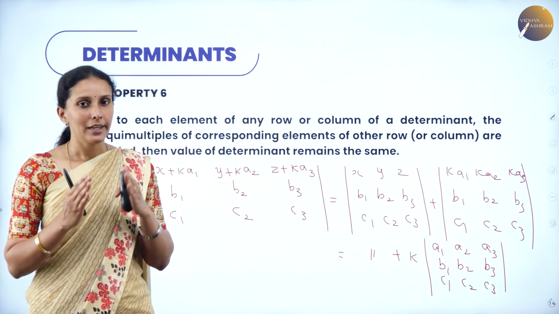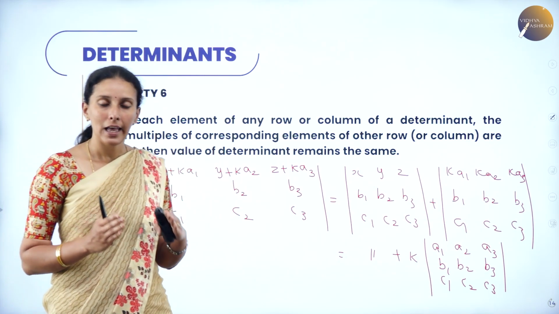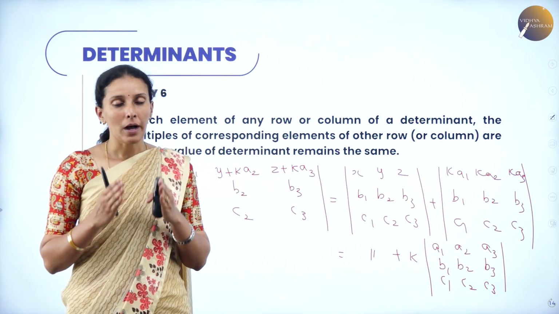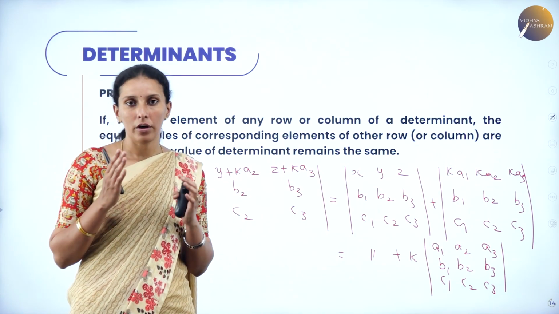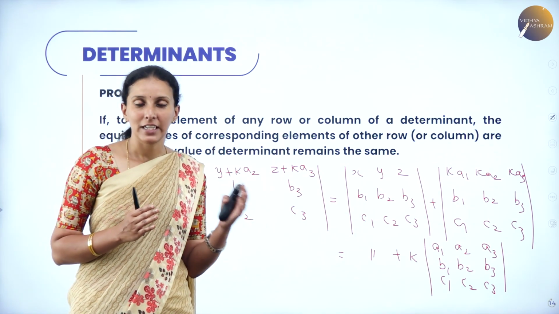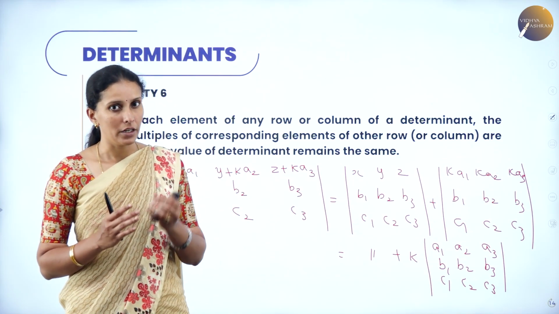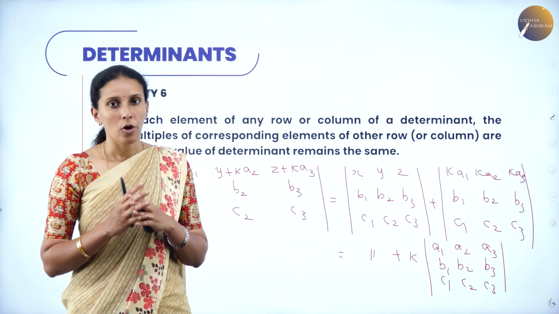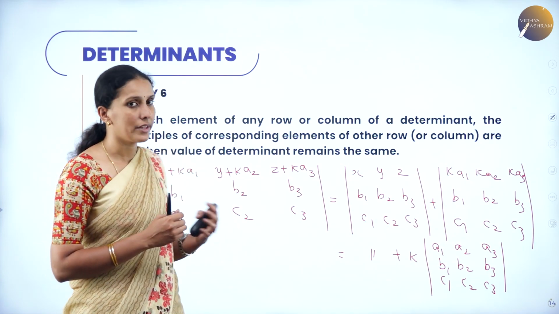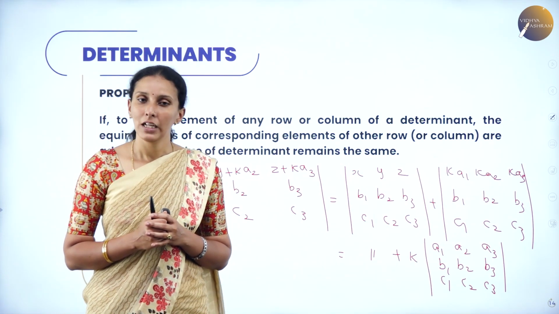So we should apply an elementary row operation only to a particular row or column so that it will not affect any other. Then only it is easier to find the value of the determinant using elementary row and column operations, and also by using all these properties which we have learnt.